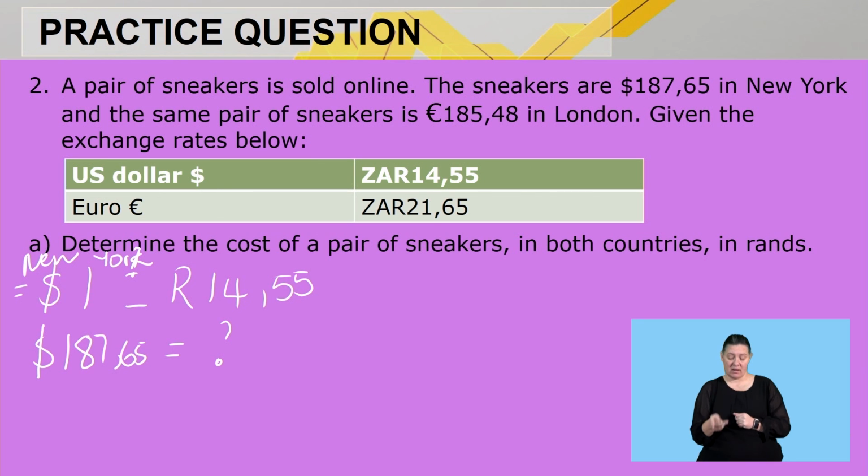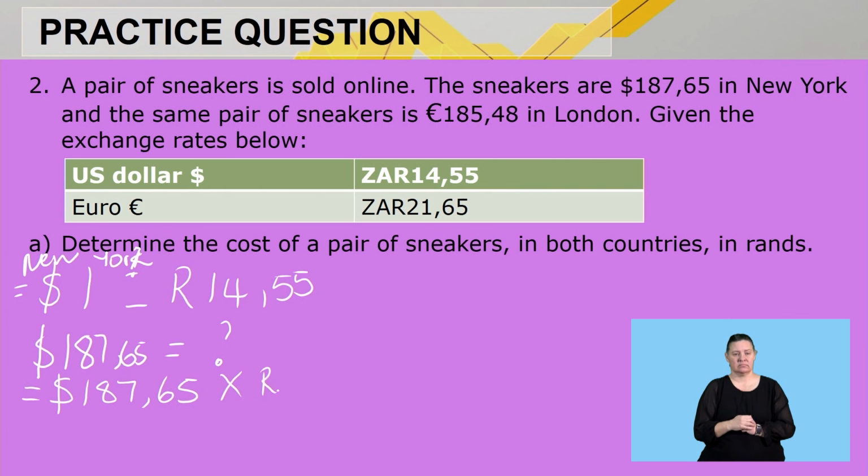So working that out, we are converting from a foreign currency to South African rand. So we are multiplying. All right, so now let us multiply 187.65 by our exchange rate, which is 14 rand 55.